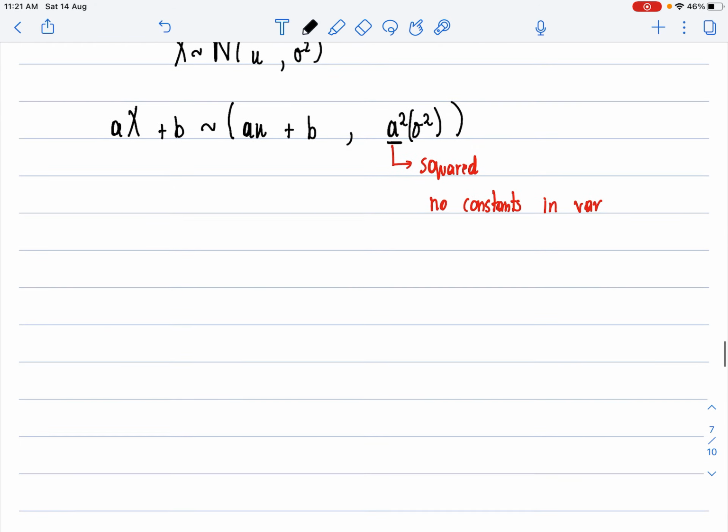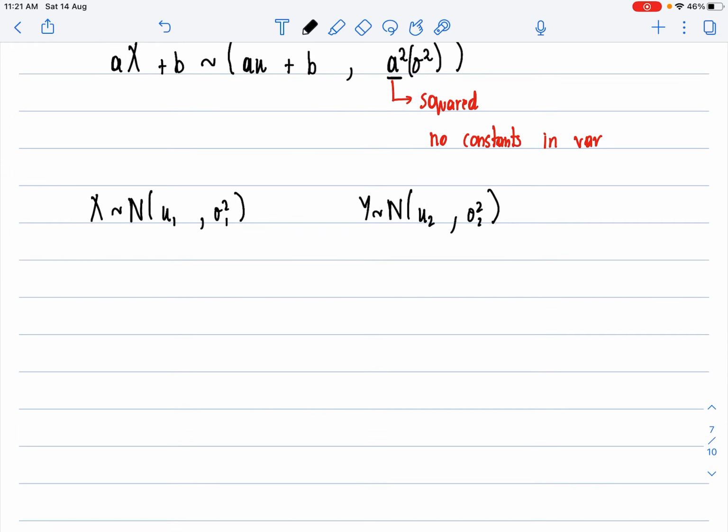Now another type they can ask you is, let's say, give you x with a normal distribution which has a mean 1 and a variance 1, and y can have a normal distribution with a mean 2 and a variance 2. Now they can ask you the distribution of ax plus by, where a and b are constants, x and y are variables.